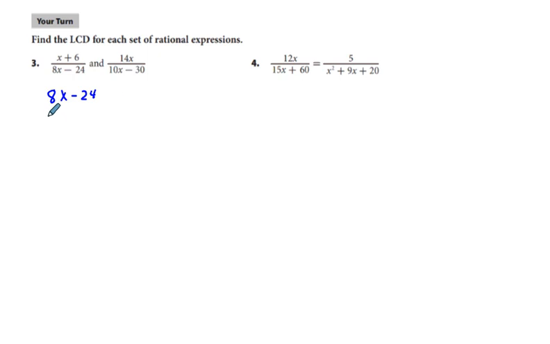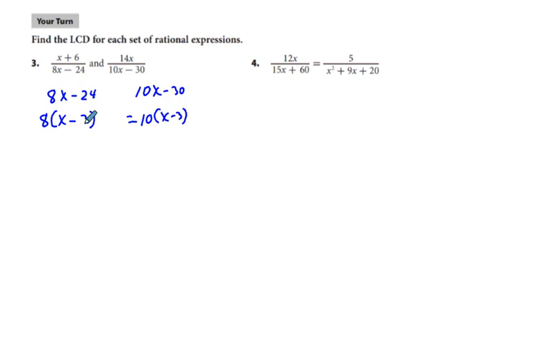And the common factor is going to be 8. So we have 8 times quantity x minus 3. And then we have this 10x minus 30. And that's going to be equal to the greatest common factor here, which is 10 times x minus 3.